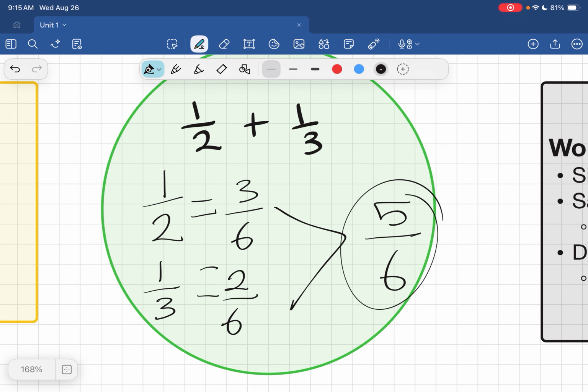Now that both fractions have the same denominator, we can add them together. 1/2 plus 1/3 becomes 3/6 plus 2/6, and the answer reads 5/6.